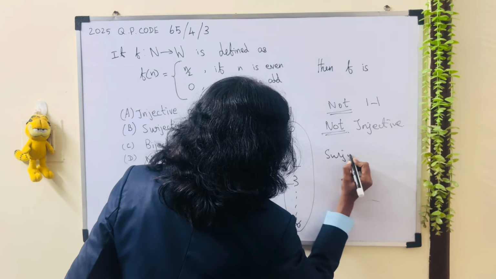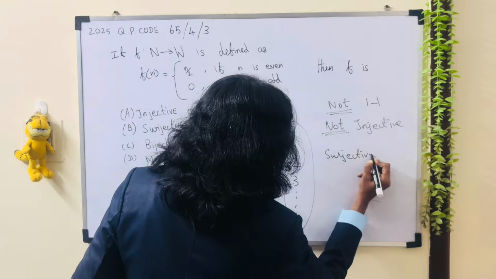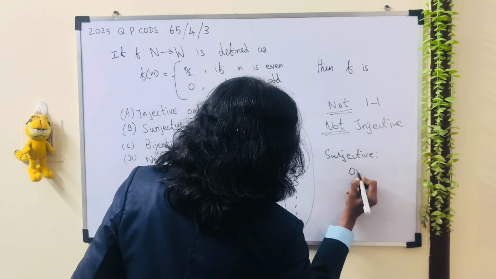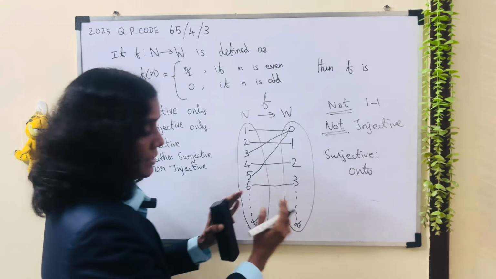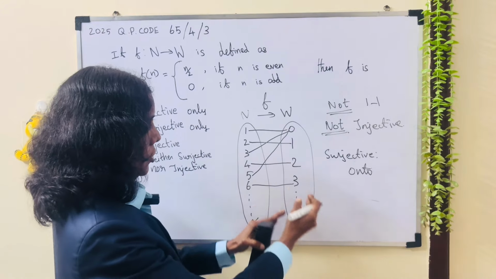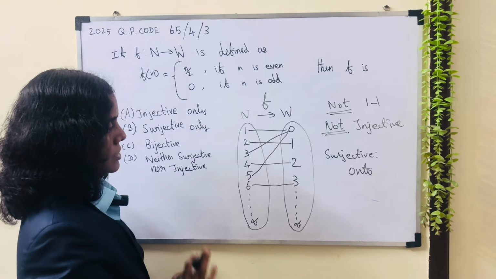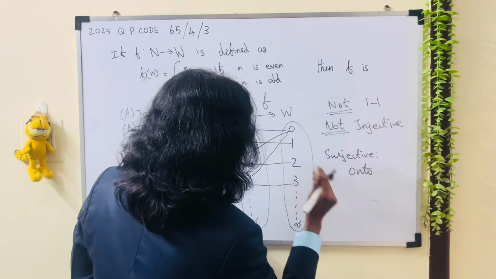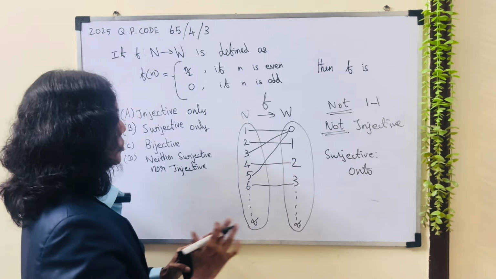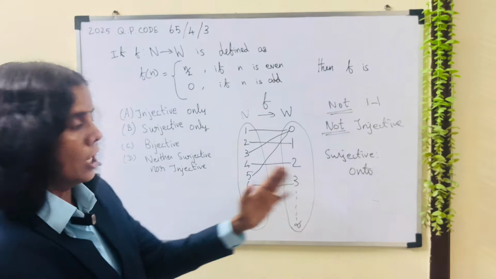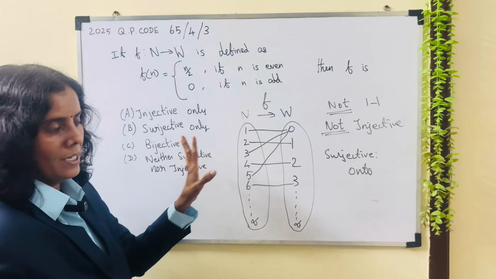Surjective na onto. இந்த மேப்ல கோடொமைன்ல இருக்க எல்லா எலிமெண்ட்டுக்கும் ப்ரீ-இமேஜ் டொமைன்ல இருக்கு. ஸோ the map is onto, not 1 to 1 but onto. So surjective only.